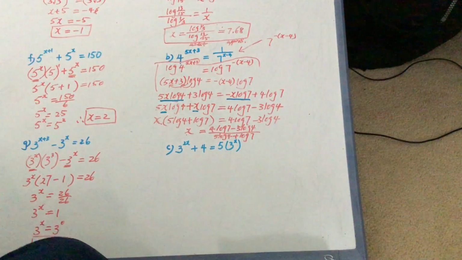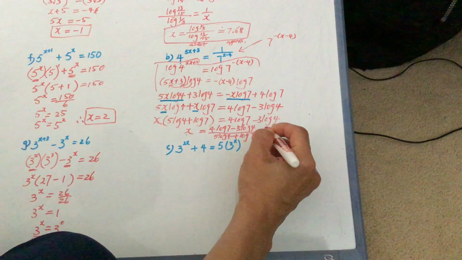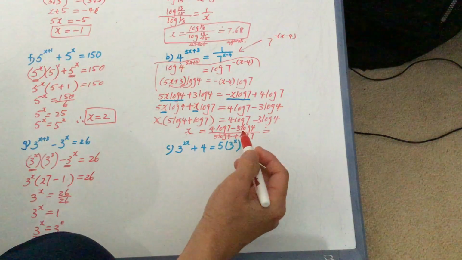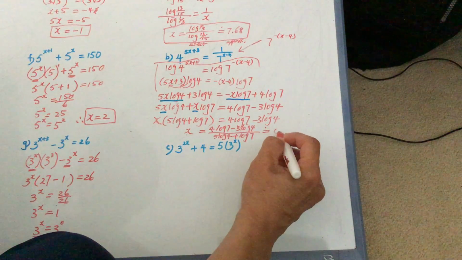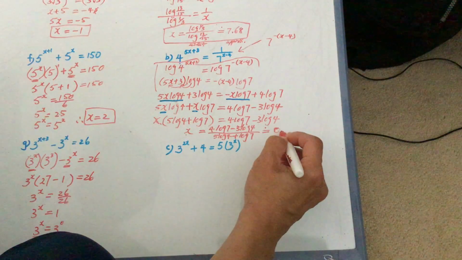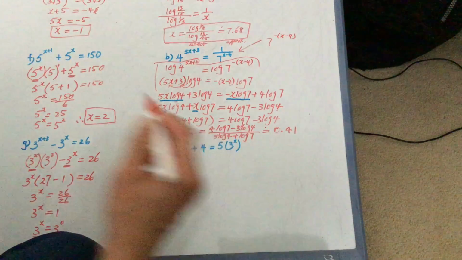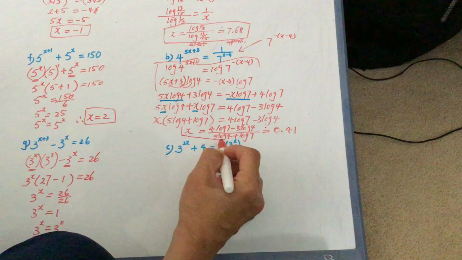In the final step, you can do it on your calculator, and the answer in approximate form is going to be equal to 0.41. So this is going to be your final answer for this part.